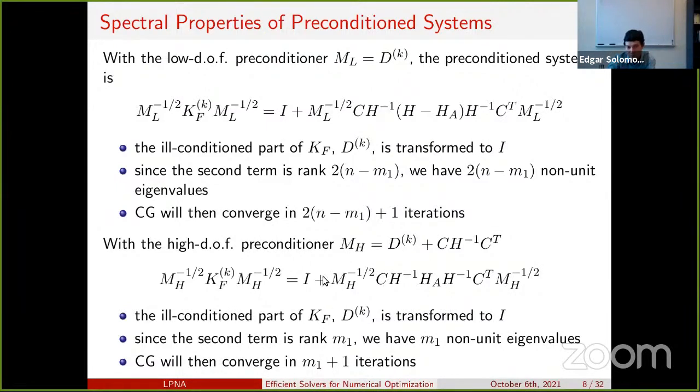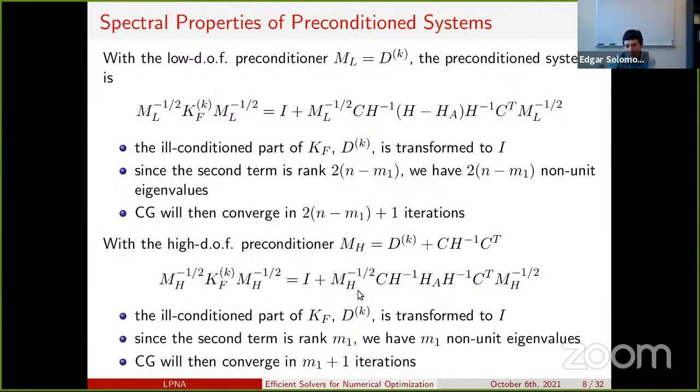So this means that this matrix will primarily be composed of eigenvalues that are equal to 1, plus whatever the rank is of that term in terms of non-unit eigenvalues. And if we can bound the number of distinct eigenvalues in these matrices, we can also bound the number of conjugate gradient iterations. So these preconditioners directly give us bounds on the complexity of CG in exact arithmetic.